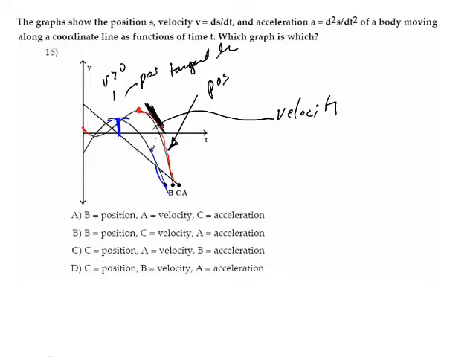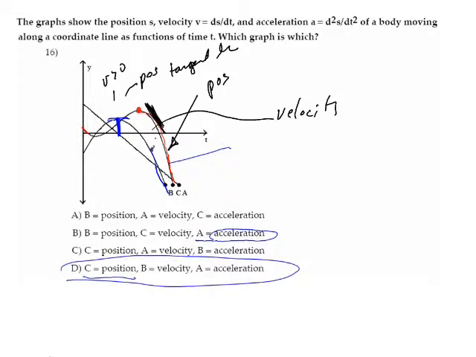And it looks like everything fits. So A would be the acceleration. The position would be the C curve, and so it looks like C is position, A is acceleration, and B is velocity. Everything seems to fit.